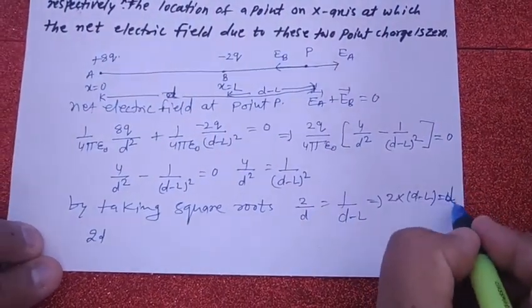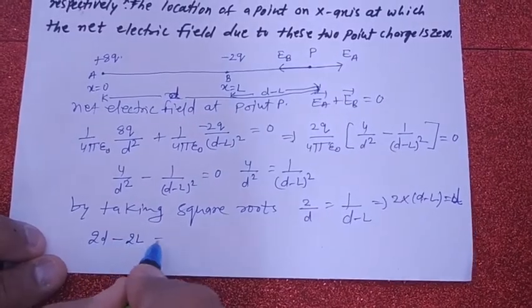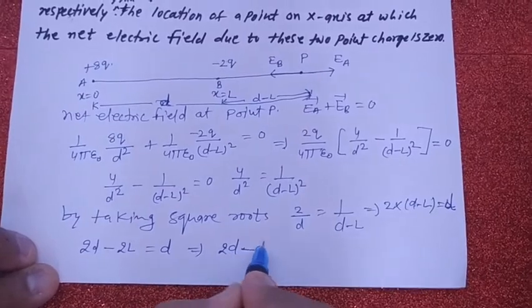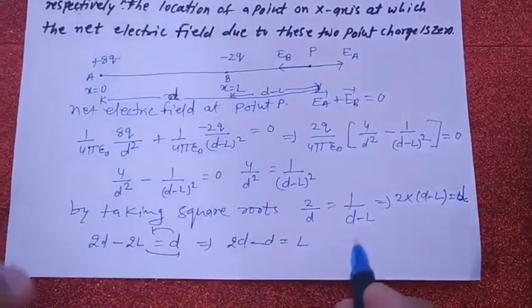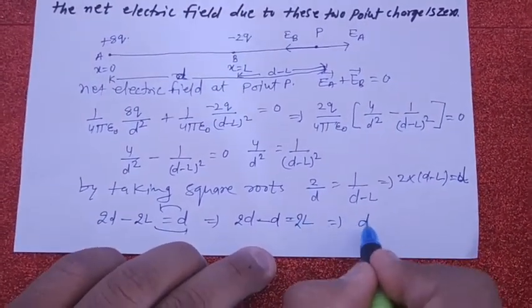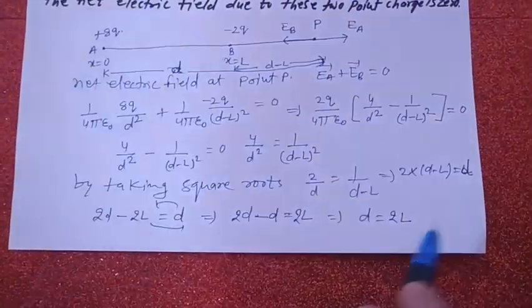2d, okay. 2d minus 2L equal to what? 2d minus d equal to L. We are just transposing 2L. So what we get? D equal to 2L.